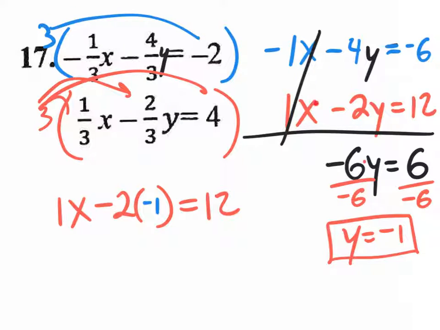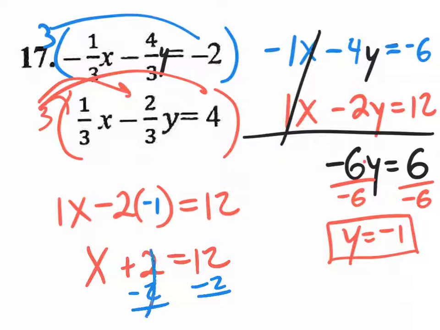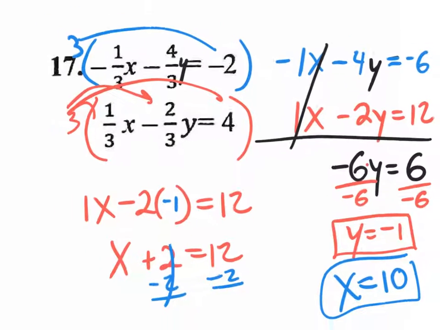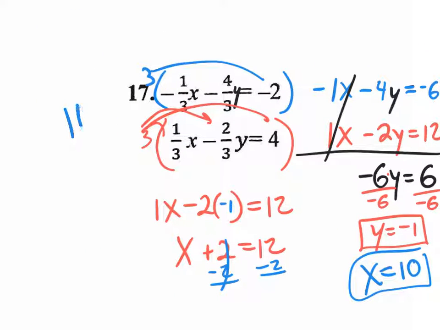Again, I just rewrote this equation, but instead of y, I plugged in -1 right in there. So I now have x plus 2 equals 12. Subtract 2, x equals 12 take away 2 is 10. So your answer to number 17 is 10 comma -1.